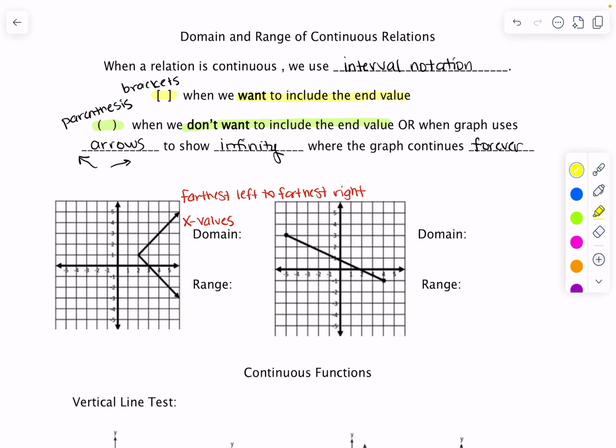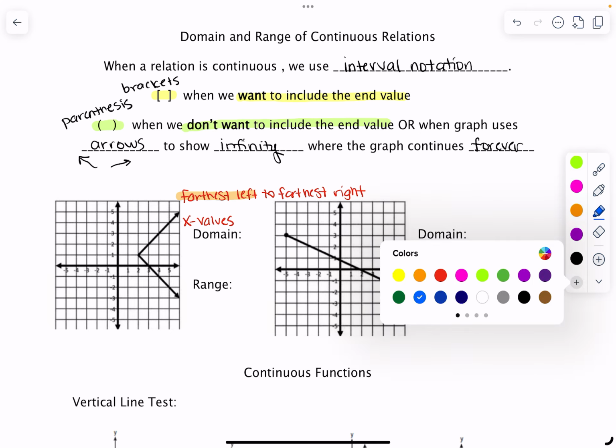So my farthest left to my farthest right. I'm trying to find a lighter color here. Let's pick maybe this yellow color.